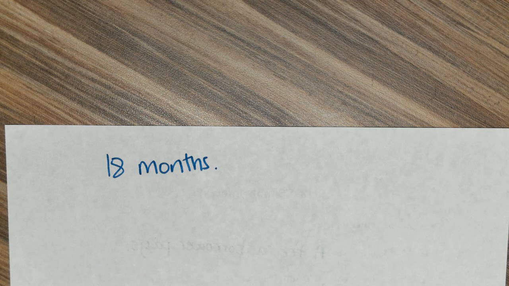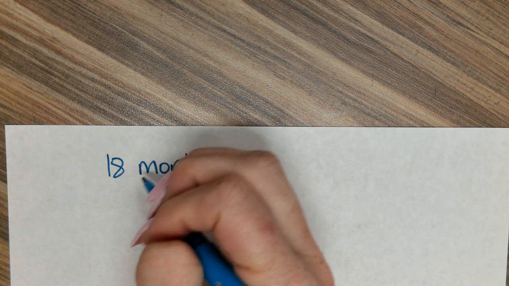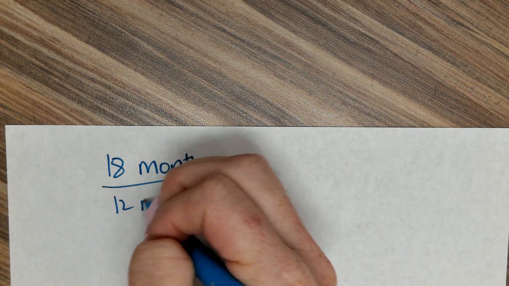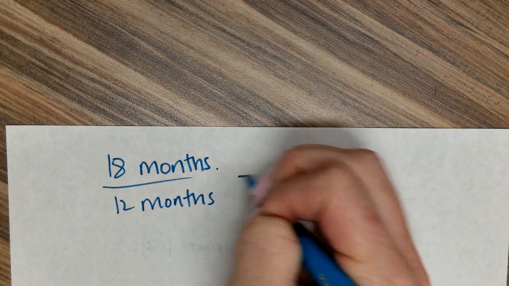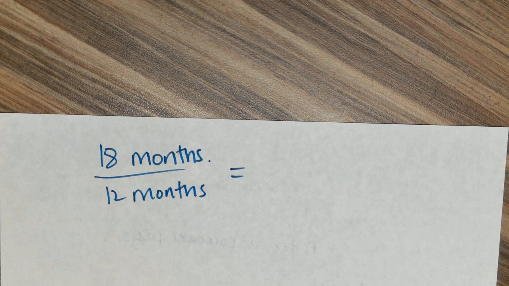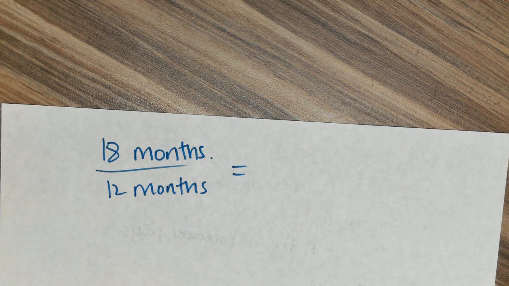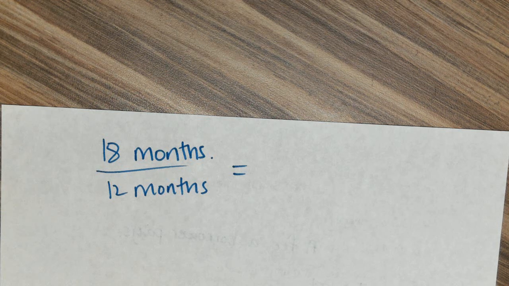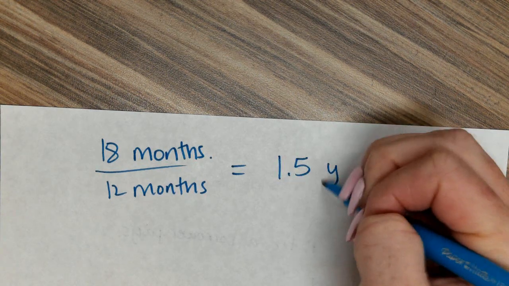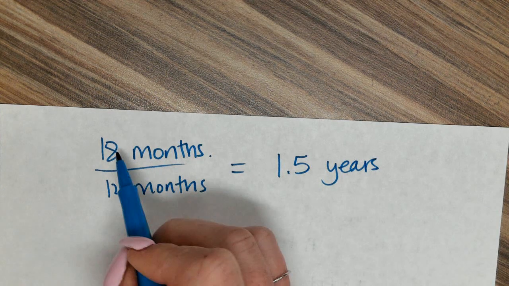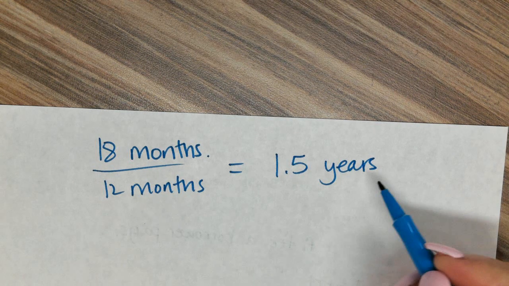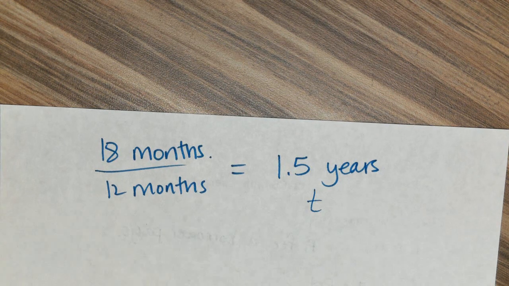So if I want to know how many years this is, just divide by 12 months because there's 12 months in a year and that will give it to you. 18 divided by 12 is what? Say it loud. 1.5 years. So 18 months is 1.5 years. So this would be your T for number 10. Okay? I think that's the only one that does that to you.